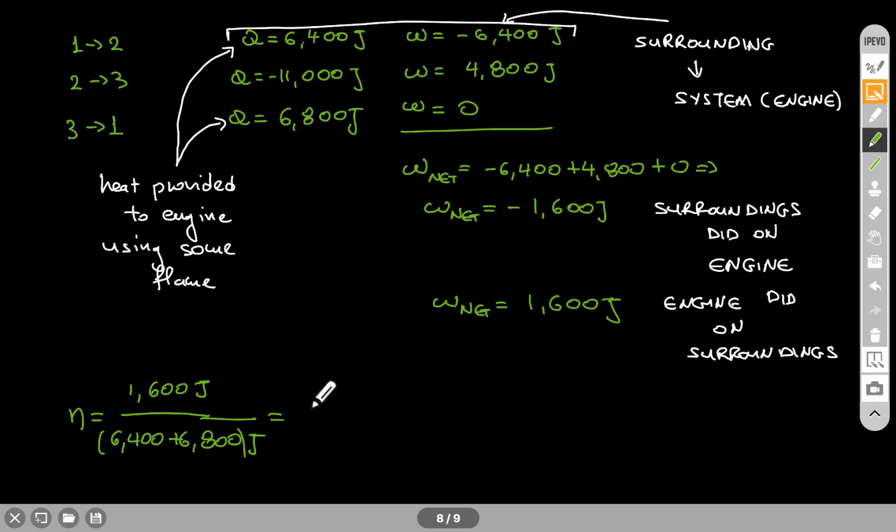This gives me 0.12, or an efficiency of 12%. So my ideal gas engine has an efficiency of 12%. You may think that's very low. It is low, but that's not surprising.